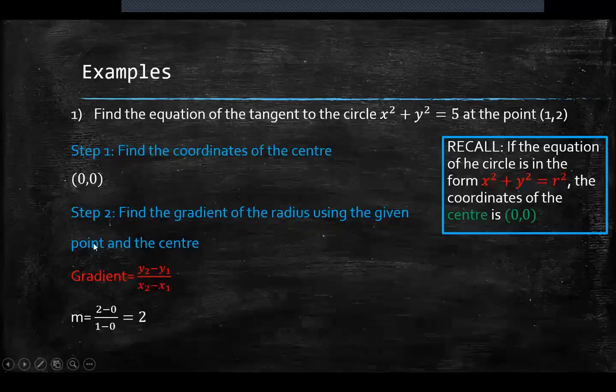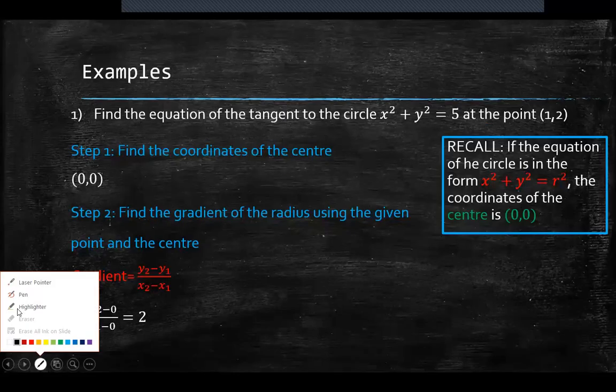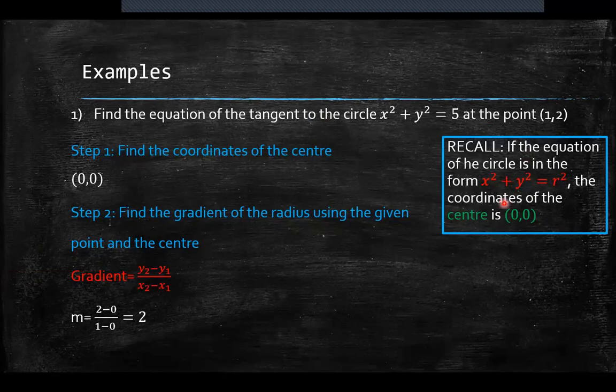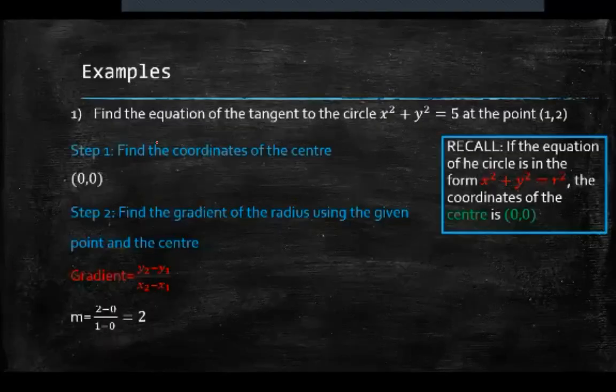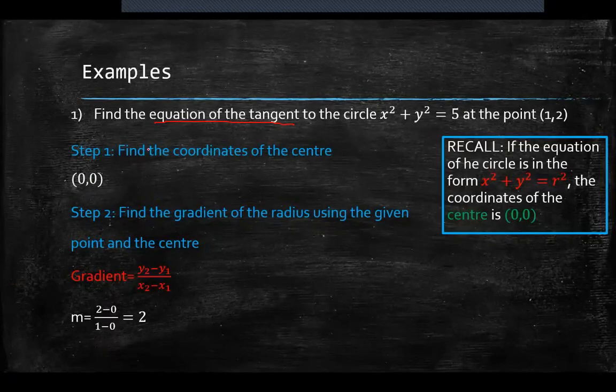All right. Okay, back to this question. Now we know that the center is (0, 0). When they want you to find the equation of the tangent, just follow these steps. First step, you need to find the coordinates of the center. And we know, since it's in this form, x squared plus y squared, that the center is automatically (0, 0).